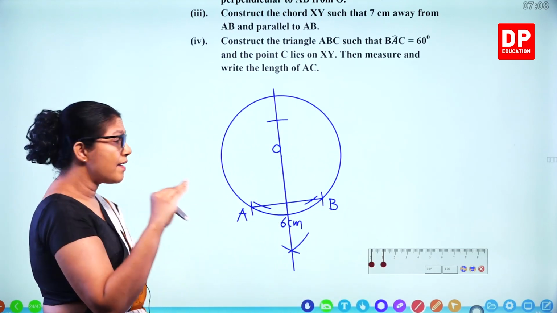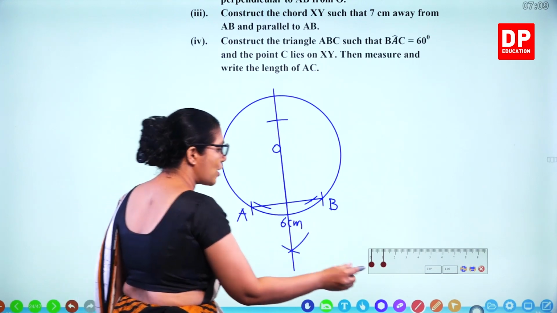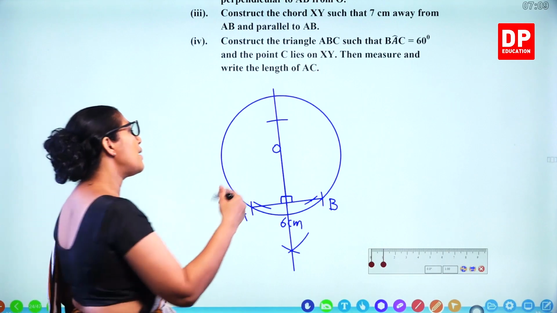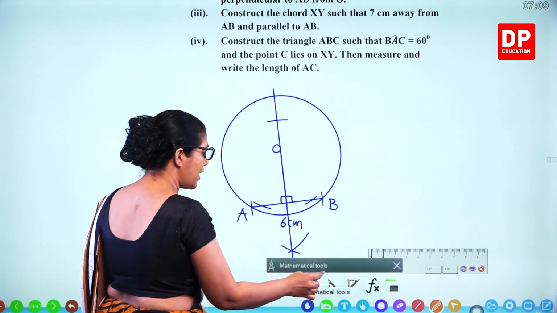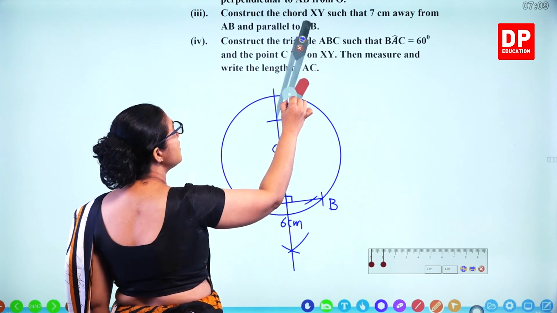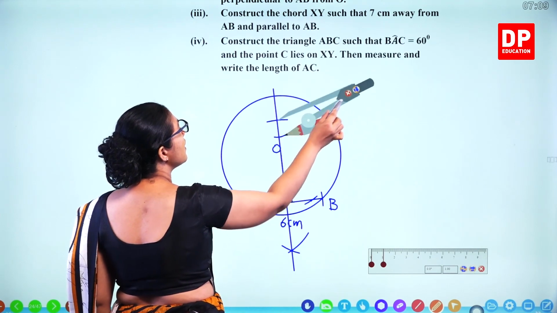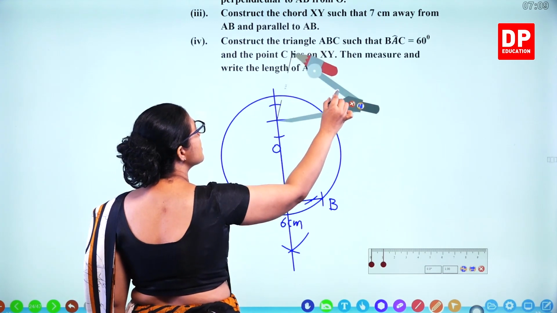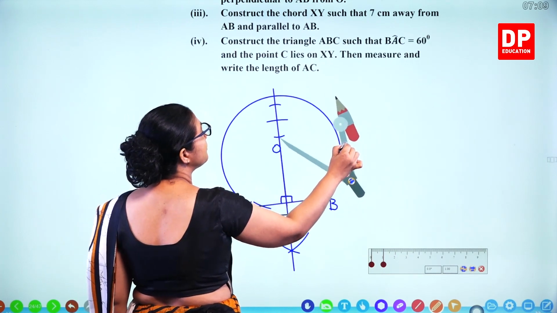Now we have to draw a parallel line to AB. We drew the perpendicular from O to AB, so that means this is perpendicular, 90 degrees. So we'll draw a perpendicular line to that. Take the compass, take any length this way. Draw an arc here, an arc on the other side, and take a longer distance.